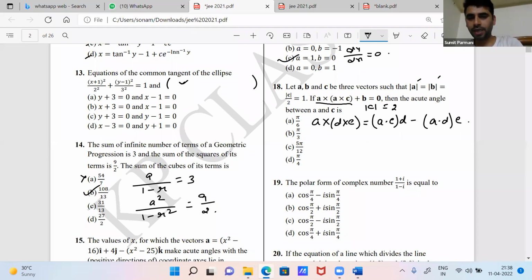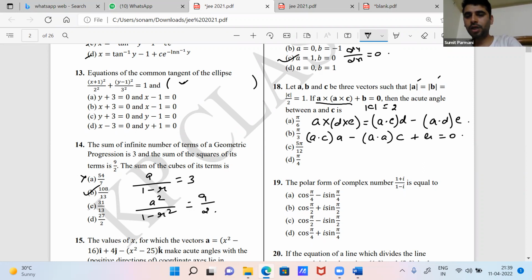So from here we can write (a dot c) a minus (a dot a) c plus b equals 0.